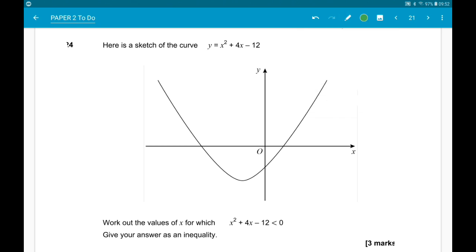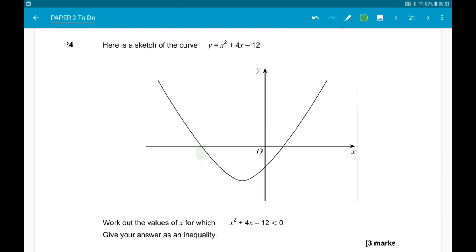So, graphs are visual representations of the values of expressions. Above the x-axis, they are greater than 0. On the x-axis, they equal 0. Below the x-axis, they are less than 0. So we want the x values that create the part of the graph below the x-axis.